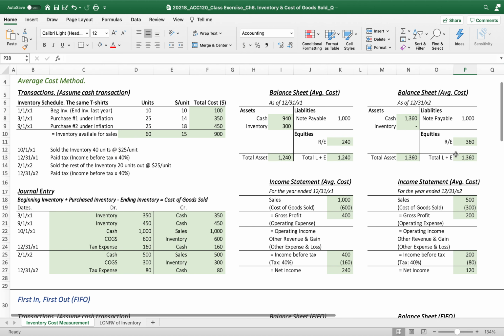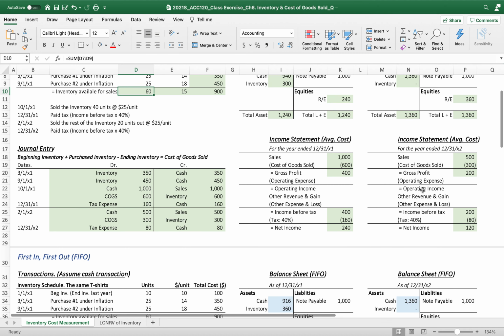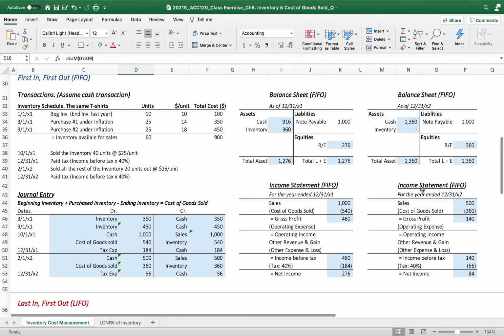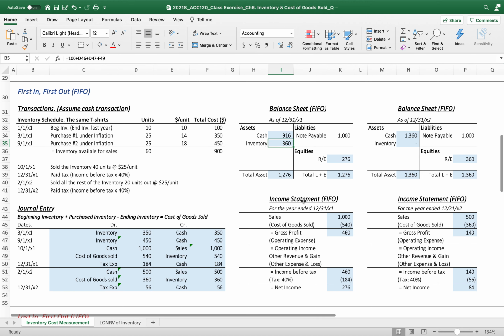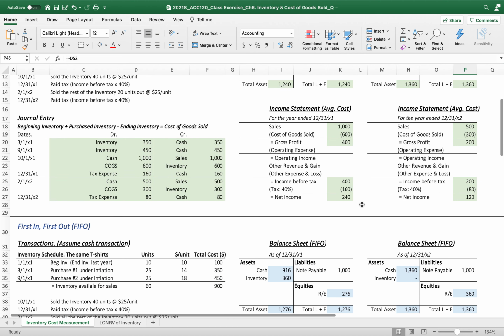As you can see, in the previous case of the average cost method, 360 is the same. Okay, but it shows the same procedure, but different amounts of the inventory of the first year and the cost of goods sold, and the second year cost of goods sold.